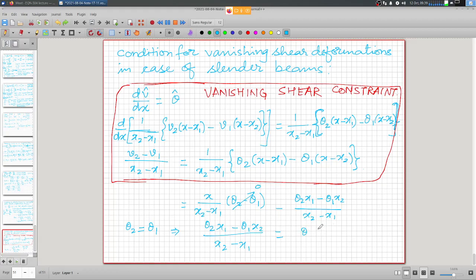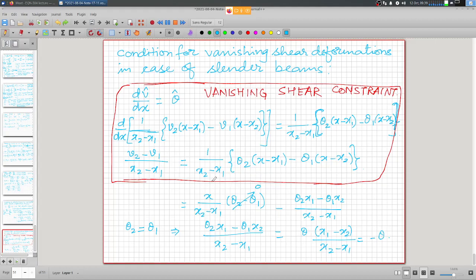Then we have theta times (x1 minus x2) divided by x2 minus x1, so this is equal to minus theta.